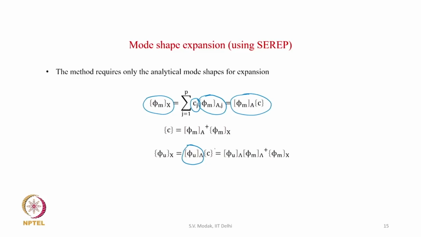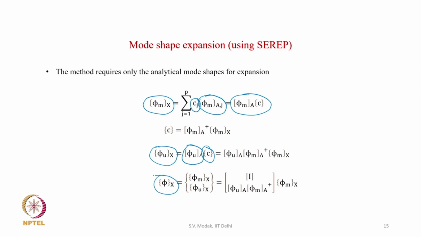So, we combine the unmeasured elements of the FE model mode shapes using this coefficient vector C to obtain the unmeasured elements of the experimental mode shapes. In this way we obtain an experimental vector with all the DOFs. So, this phi x contains not only the measured degrees of freedom, but also the unmeasured degrees of freedom. In this way the experimental mode shapes are expanded to the size of the FE model.